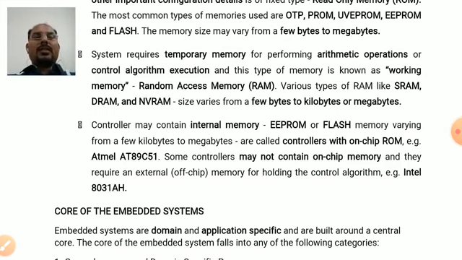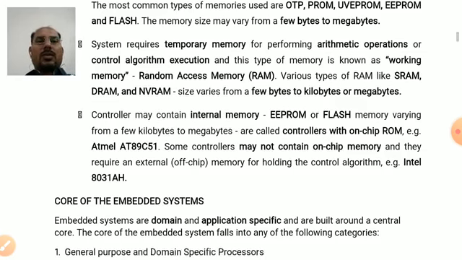Again, the sizes of these memories varies from few bytes to kilobytes to megabytes. One difference between this RAM and that ROM is that this is a volatile memory. It means that the data which is present in this type of memory is erased once the power goes off, whereas in the ROM memory the code stored will not be erased when the power goes off.